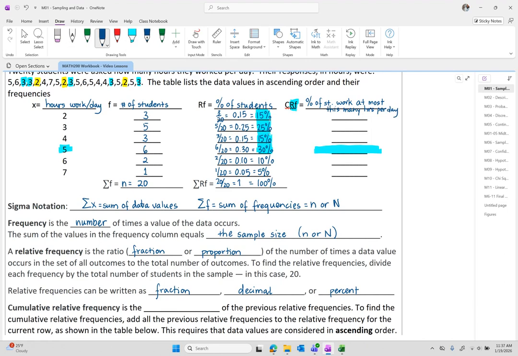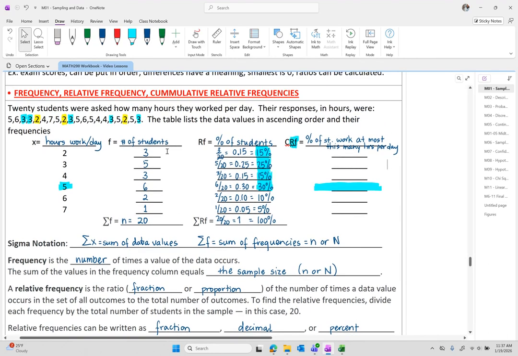So that's what a cumulative frequency is. A cumulative relative frequency is the percent of the sample that has that specific value of the variable or less. For this reason, the values of the variable need to be listed in ascending order.